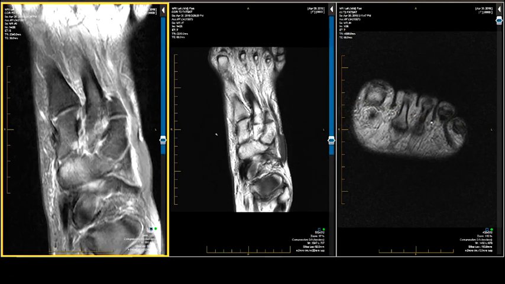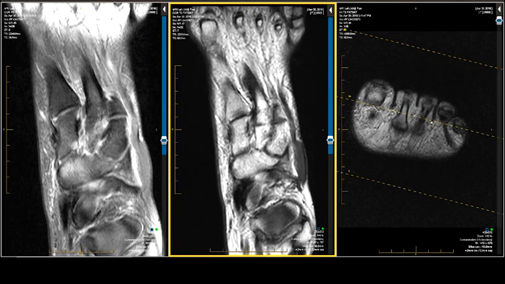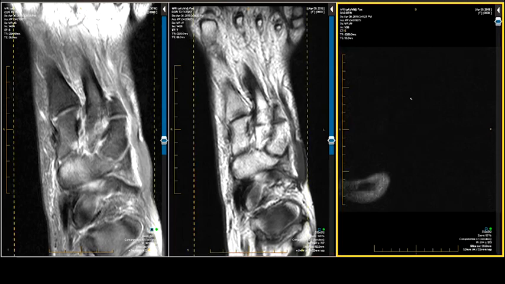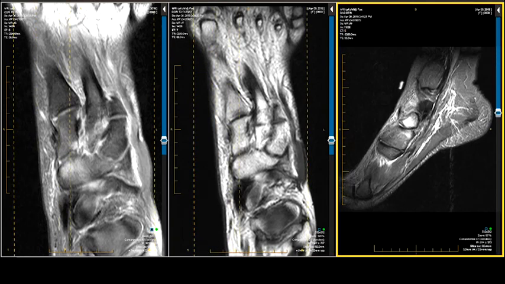Let's blow it up. I like to put up the sagittals because when I have any concern about the midfoot, I want to see if the tarso-metatarsal bones are infracted, fractured, or have macro fractures.